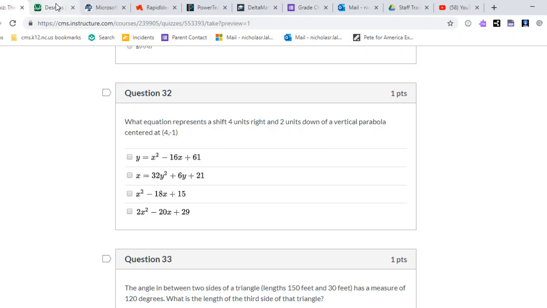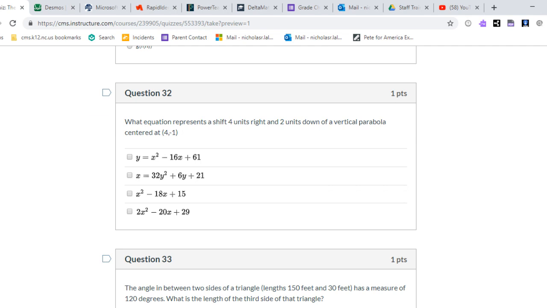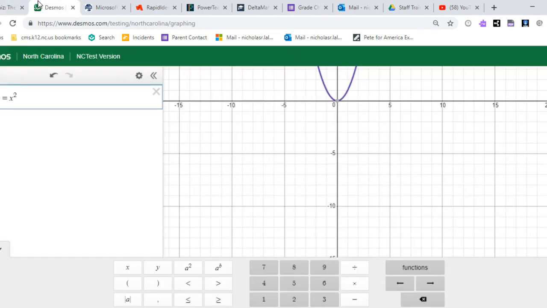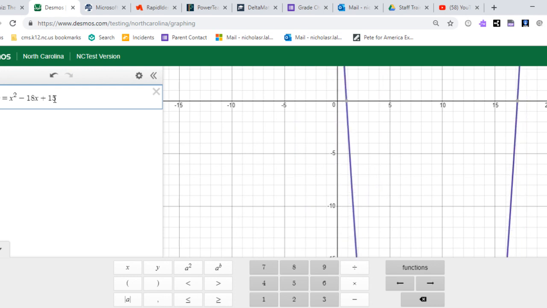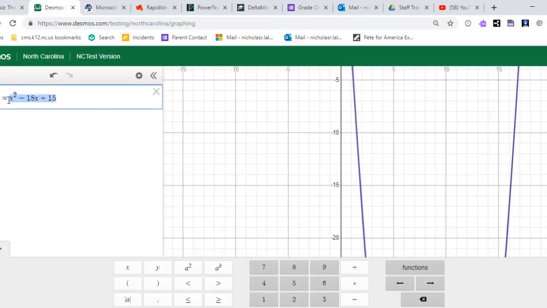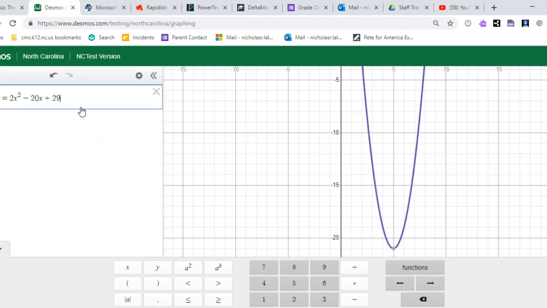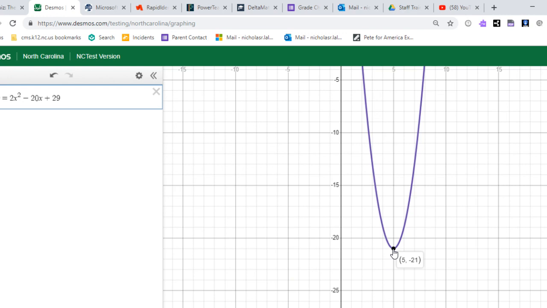y is equal to x squared minus 18x plus 15. Not the right answer, leaving us 2x squared minus 20x plus 29. Let's do y is equal to 2x squared minus 20x plus 29. Center at, wait.